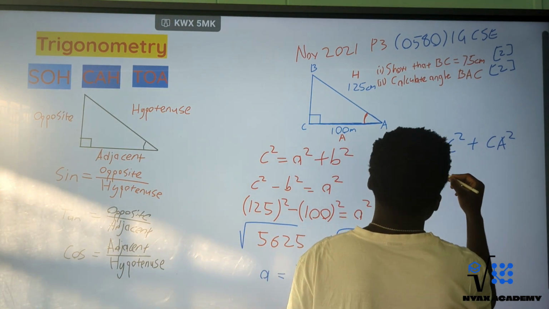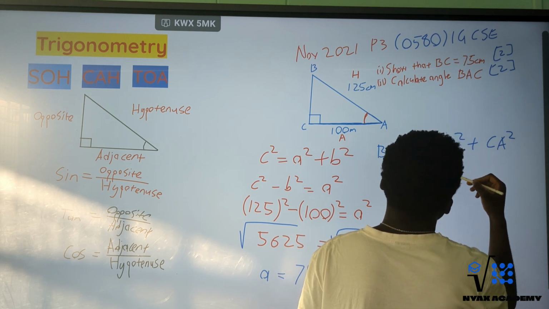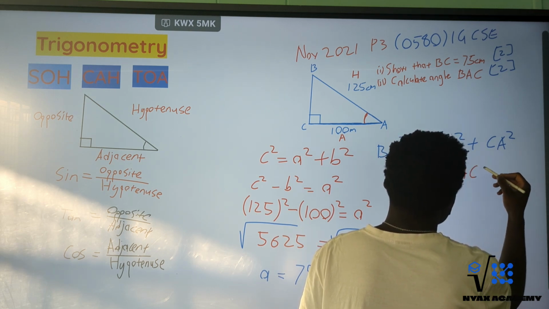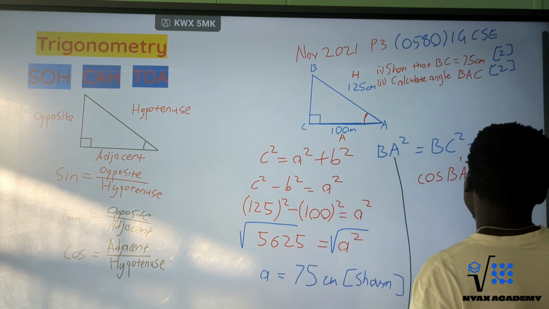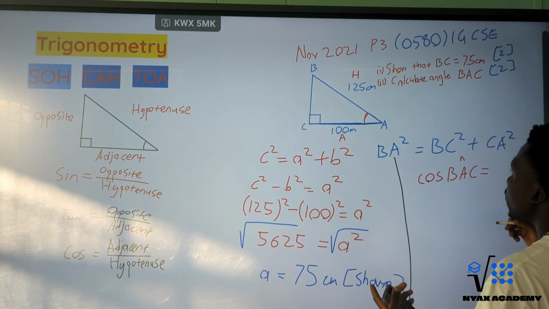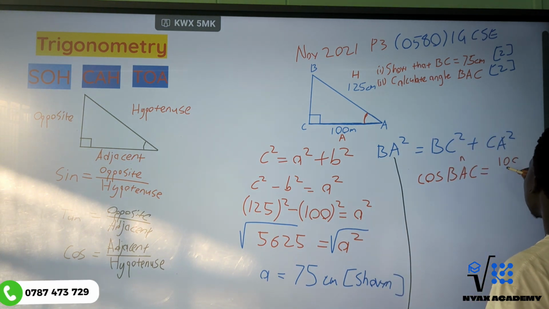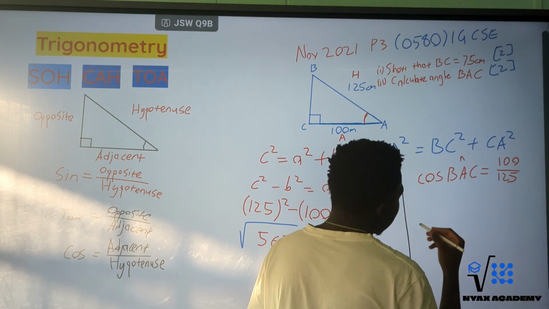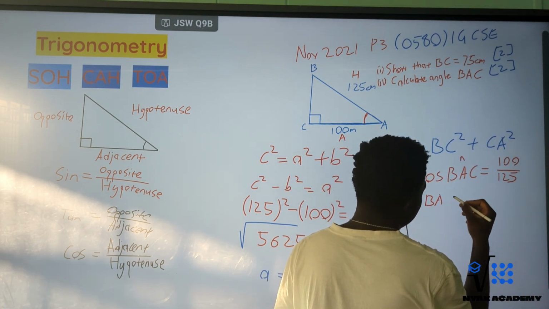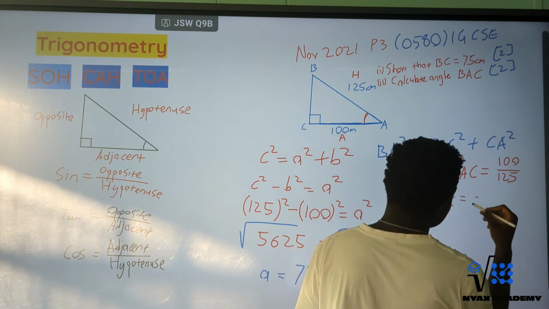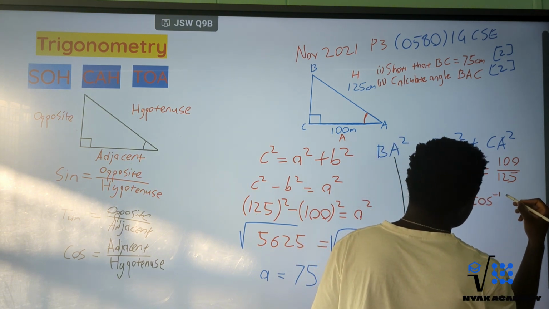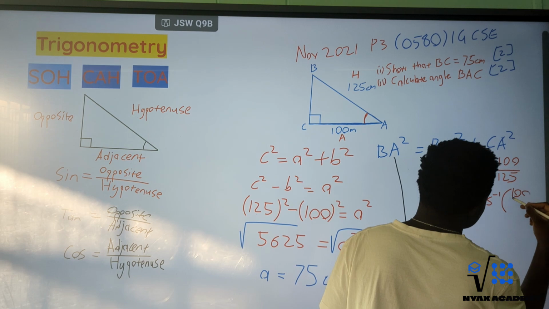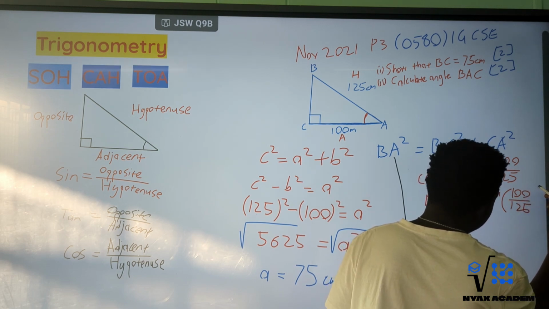So we say cos BAC is equal to adjacent over hypotenuse, that's 100 over 125. We make angle BAC the subject, so angle BAC is equal to arc cos 100 over 125.